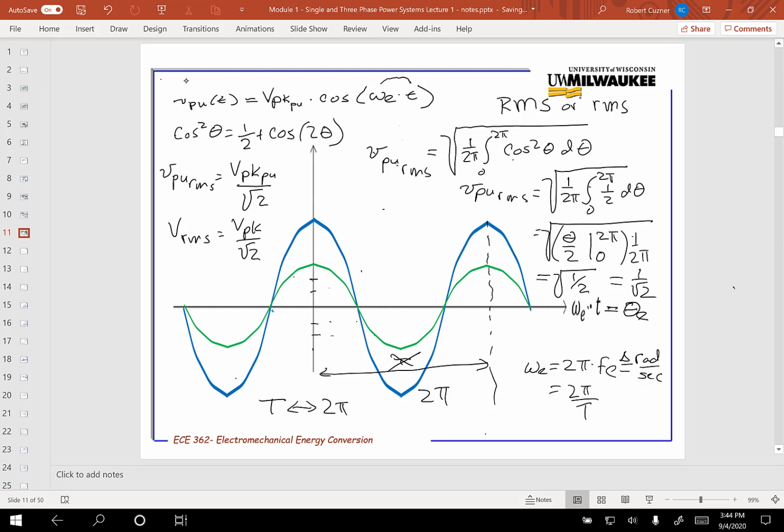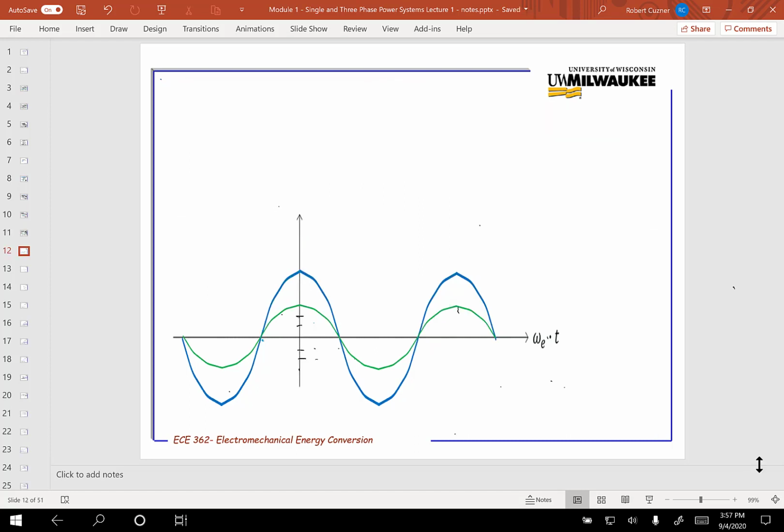So we've established that the same thing will happen with the current. The I RMS is going to be I peak divided by root 2. So RMS quantities are the quantities that we will be working with when we work with AC signals, AC quantities like voltages and currents.